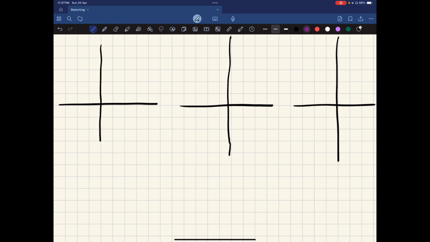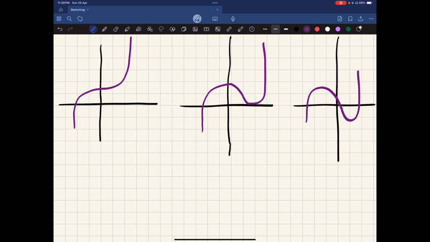For the cubic function, there are 3 possible scenarios: it crosses the x-axis at one point only, it crosses the x-axis at 2 points only, or it crosses the x-axis at 3 points. So where are the points?